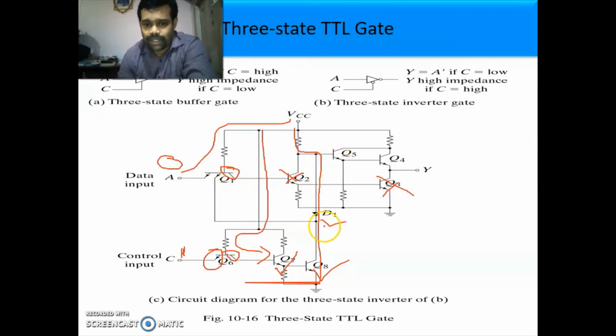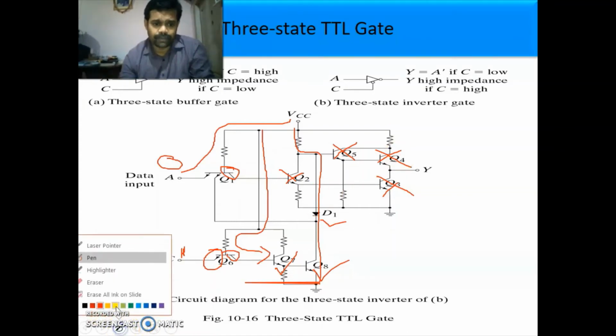Now since Q8 is conducting, more current will be flowing in this direction. So the amount of current flowing to the base of Q5 is not enough to make Q5 conduct. So Q5 is off, Q4 is also off. So in high impedance state, both Q3 and Q4 are off. So we have considered the first thing.